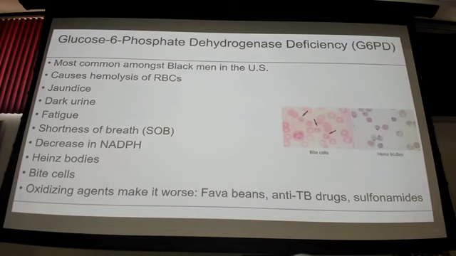The bite cells occur when the spleen macrophages bite out that degraded hemoglobin. So it actually looks like pieces were bitten out of the red blood cells, and that's the macrophages from the spleen biting out those degraded hemoglobin cells.